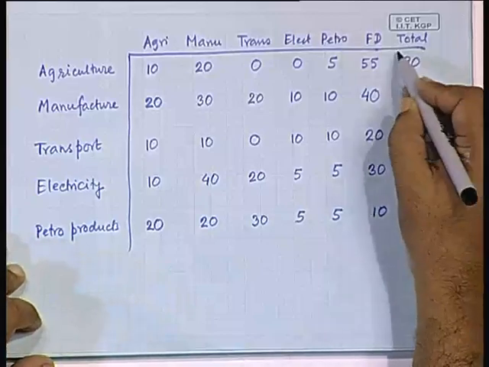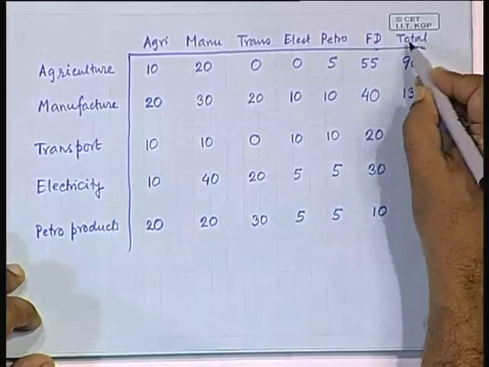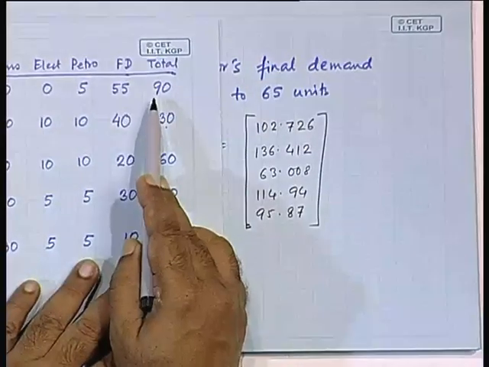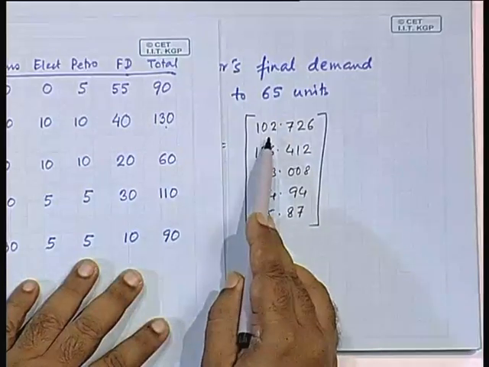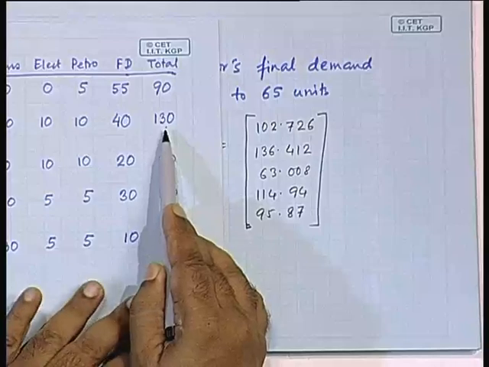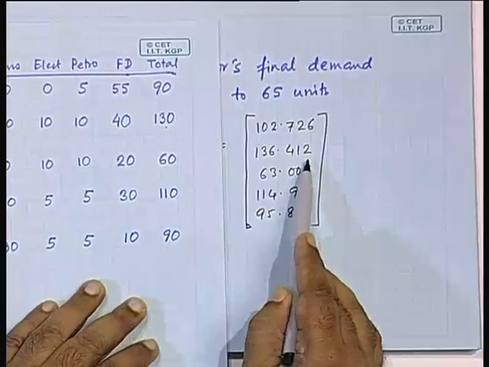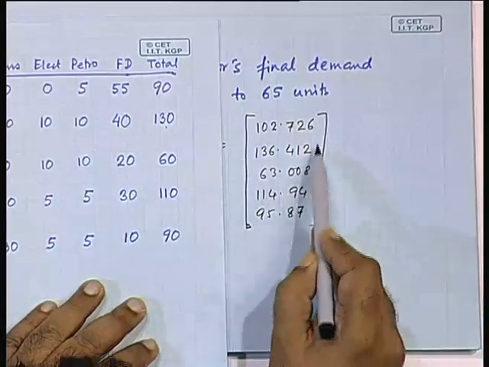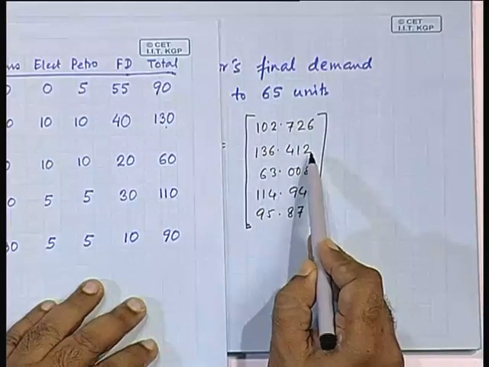So, the x vector was this. Okay. So, I will put them side by side. You see, something that was 90 now has to be increased to 102, something that was 130 in the manufacturing sector has to be increased to 136.412. So, there has to be this particular quantity of increase, 6.412.